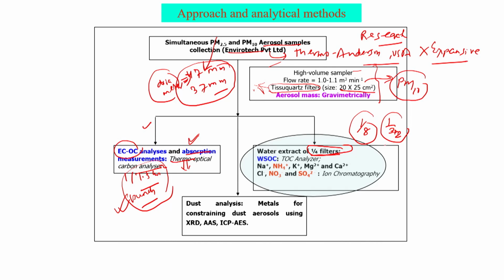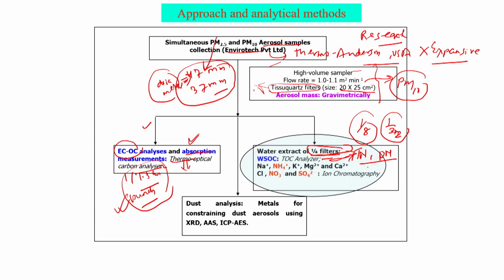And we used to measure WSOC, water soluble organic carbon, using a TOC analyzer. This equipment is also equipped so you can measure total nitrogen and total organic nitrogen as well. This is a very advanced instrument.